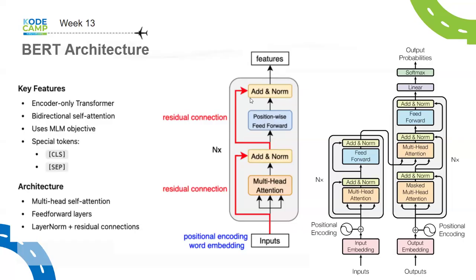That's the feed forward, and then you have the addition and normalization. These two form a single encoder layer, and then you have any number of them, depending on how complex the problem is that you're trying to solve. You can have a deep neural network of 10, 20, 50, 100, 500, or even 1,000 layers.